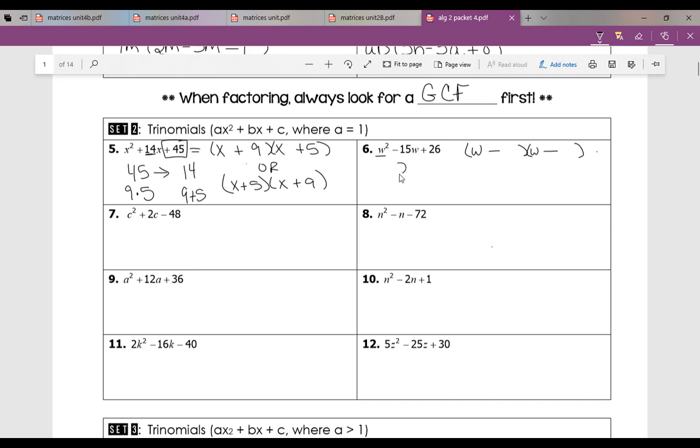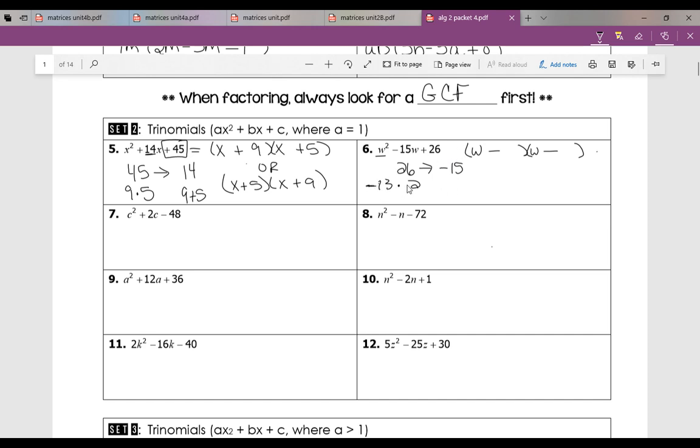So now I need factors of 26 that will produce negative 15. What that means is both of my factors of 26 end up being negative. Okay, so I know 13 times 2 gives me 26, but it doesn't add up to negative 15.